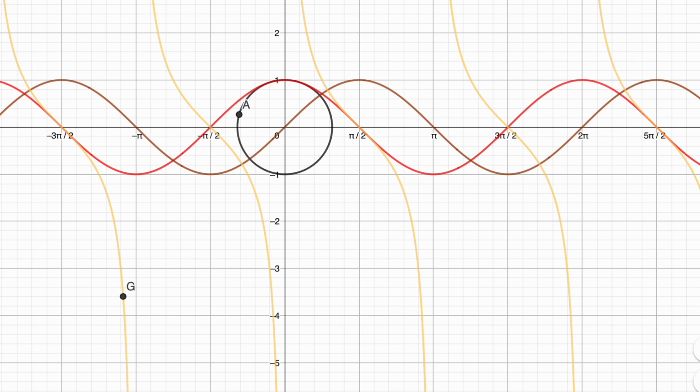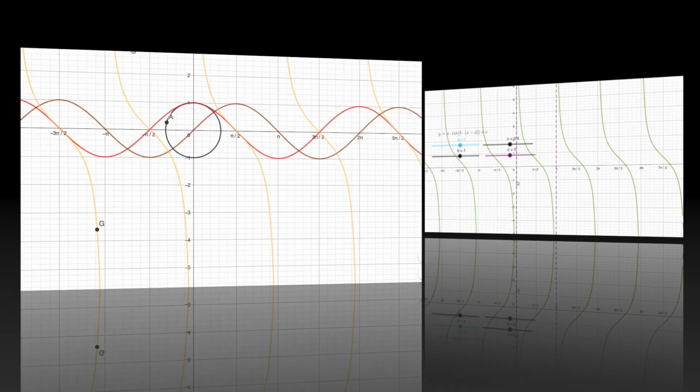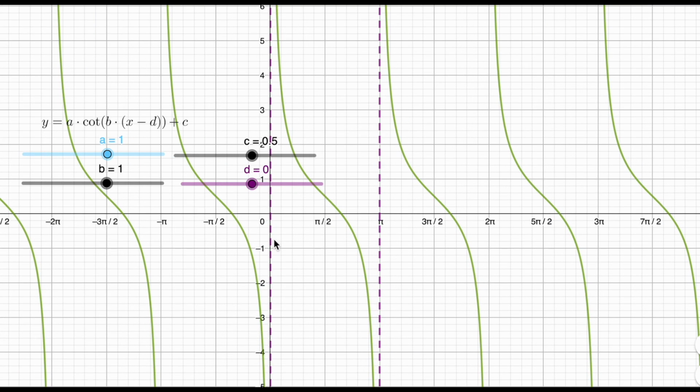They are just 90-degree shifts of each other, cofunctions. Where the sine is 0 this time, because remember, cotangent is cosine over sine, you have asymptotes. So as the sine gets close to 0, you're going to get these positive or negative asymptotes. In the first quadrant, both of them are positive, and then they split, one positive, one negative, both negative, both positive. So you can actually see which side they're on.